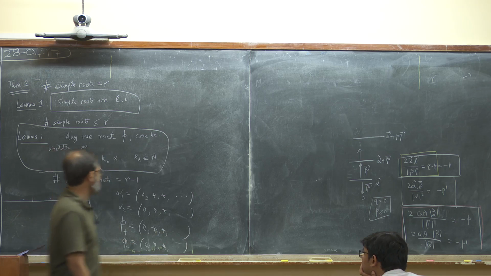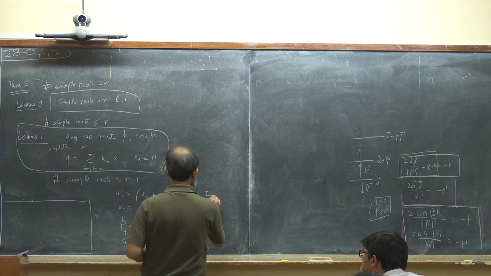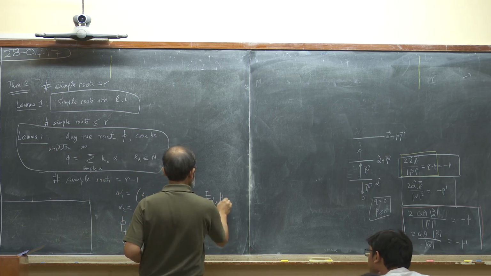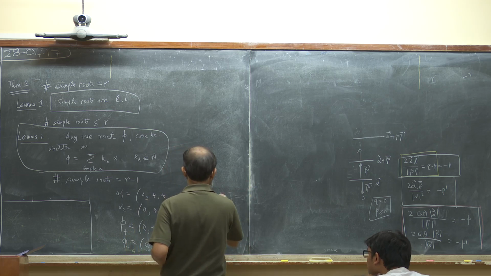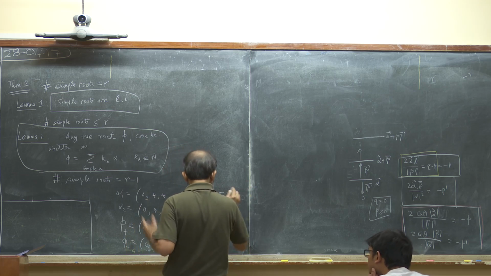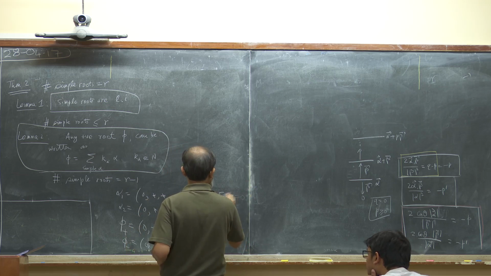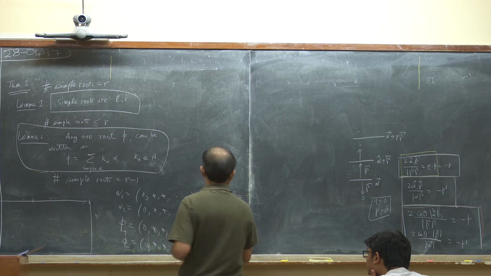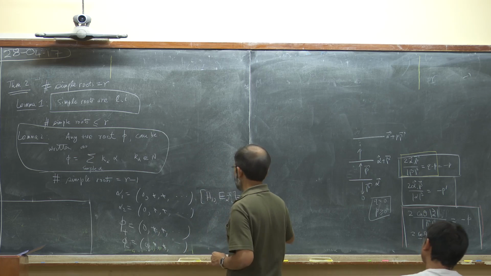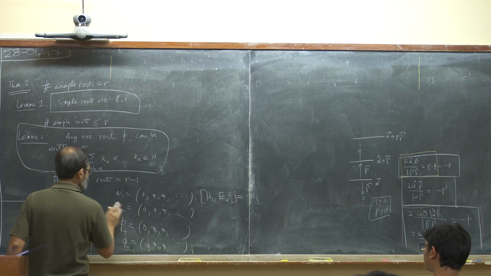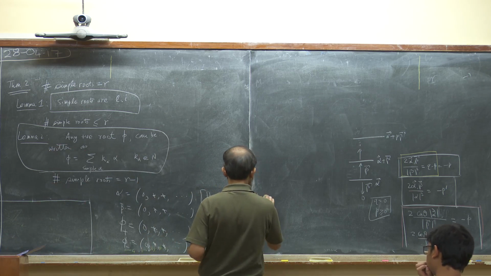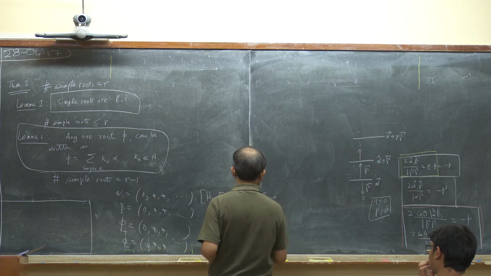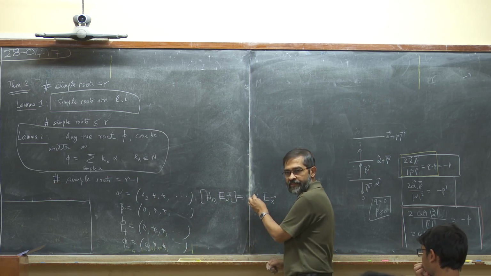So, what does it mean? This means that E alpha commutes with H1. Let me write it in the right order. Remember that H1 E alpha is equal to alpha 1 E alpha, where alpha 1 is the first component of the vector alpha.